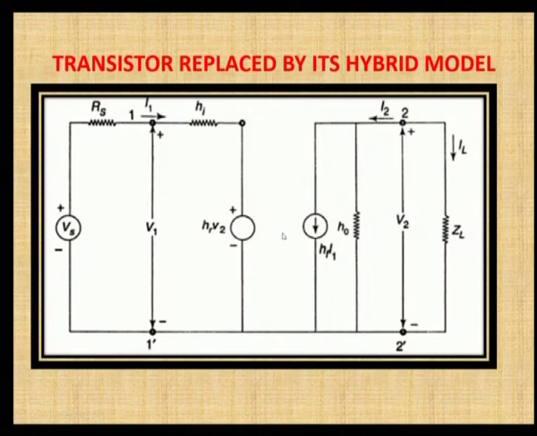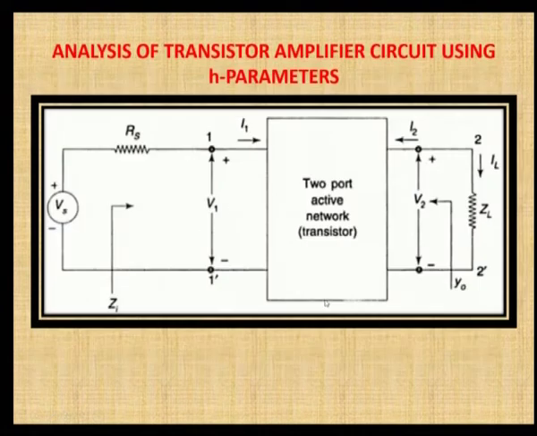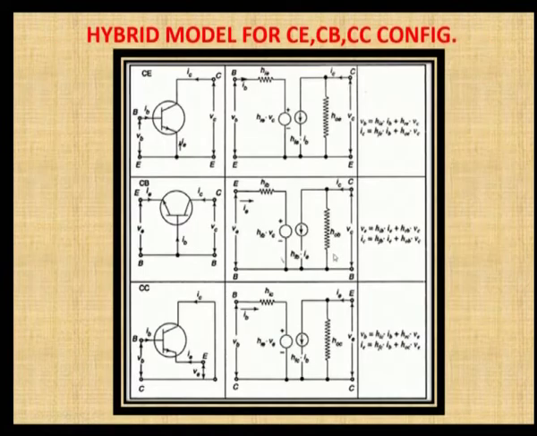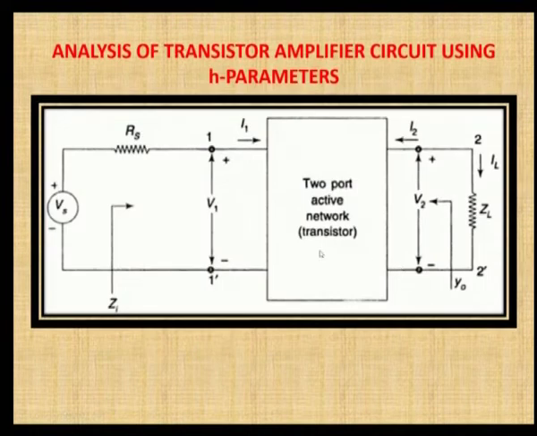Transistor replaced by its hybrid model. Here the transistor is a two port active network, and the transistor's hybrid model is this. When you use the common emitter configuration, this is the hybrid model. So, instead of the transistor, you have to use this hybrid model in the circuit. Consider this is a transistor in common emitter.